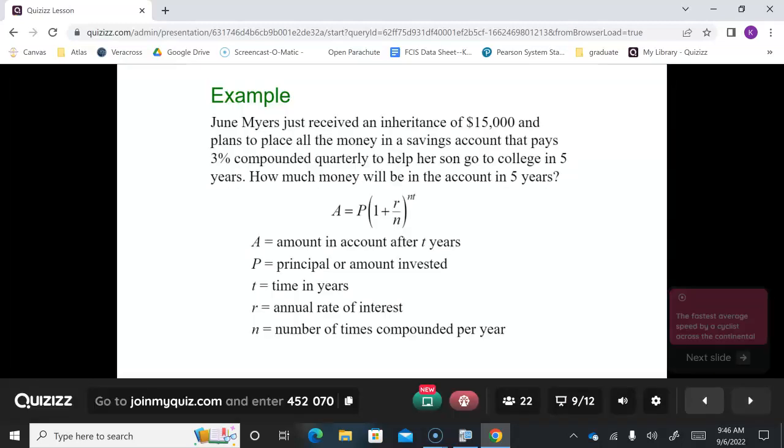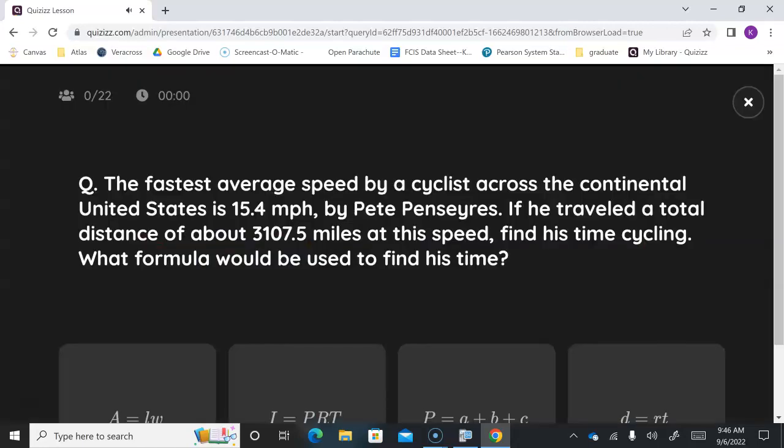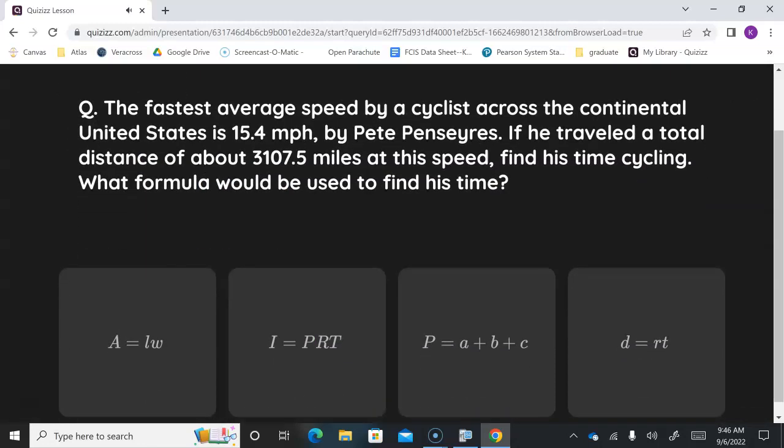Now, I'm going to ask you a series of questions regarding this problem. First, the average speed of a cyclist across the continental United States is 15.4 miles an hour. If he traveled a total distance of 3,107.5 miles at this speed, find his time cycling. Which of these formulas would I use to find his time cycling given a distance and a rate?